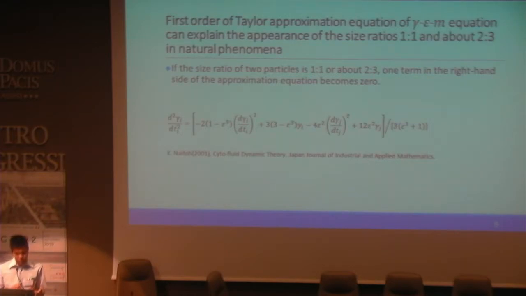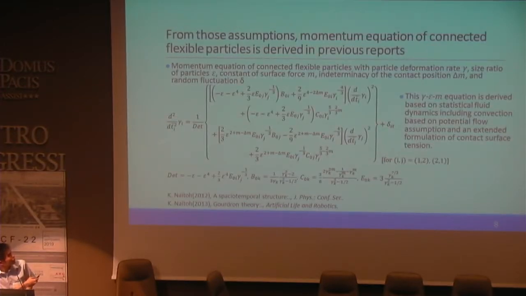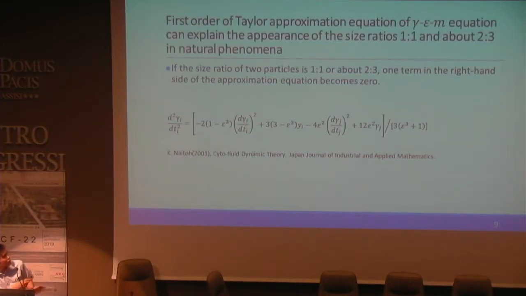If the size ratios of two particles is 1 to 1 or about 2 to 3, one term in the right-hand side of the approximation equation becomes 0. For example, epsilon equal 1 makes this term 0, and epsilon equal 1.44, which is about 2 to 3, makes this term become 0.